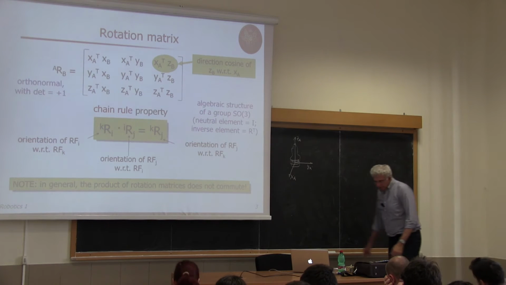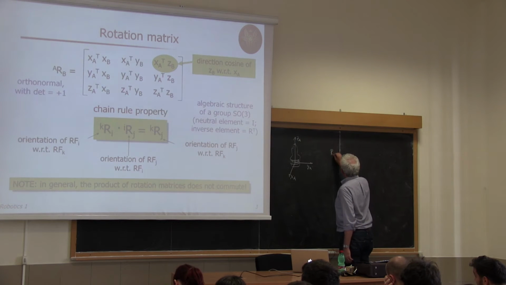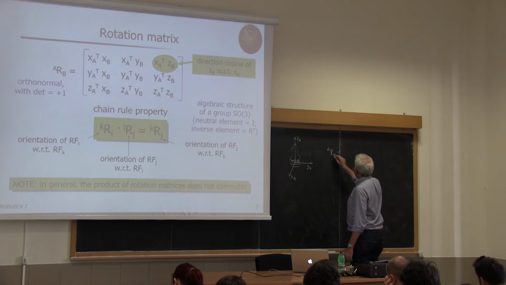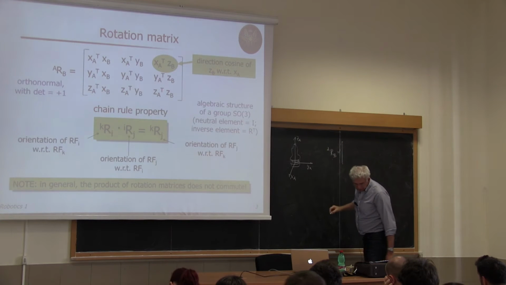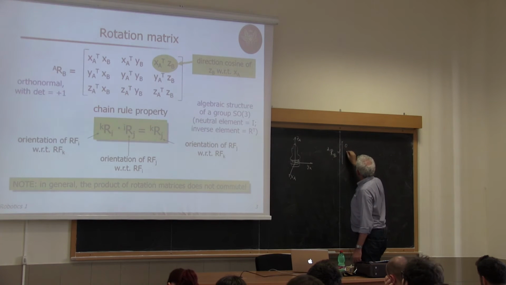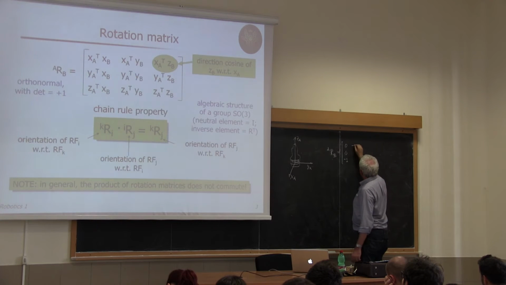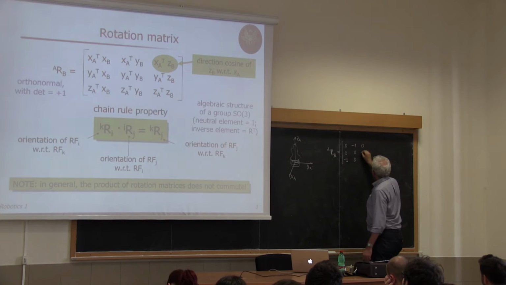And now suppose that we define some orientation with this matrix RB with respect to A, and the matrix is simple, this one: 0, 0, minus 1, minus 1, 0, 0, and then, of course, 0, 1, 0.